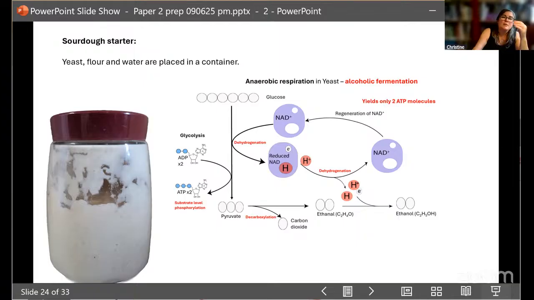So we've got batch fermentation occurring, and because of that, what he needed to do is every so often open this, and when he opened it, he would allow air to get into it. If the air is getting into it, it's now no longer anaerobically respiring, it's back to aerobically respiring, because if you didn't open it and maintain it and keep an eye on it, the ethanol concentration would get too high.